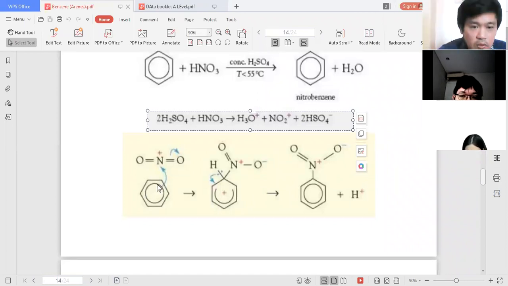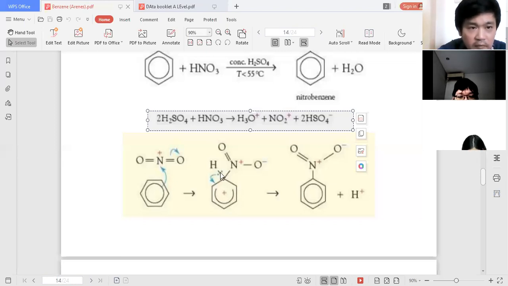It has high electron density. The high electron density can be donated to make the covalent bond with the NO2, especially with the N, not with the O. So when you are drawing this, the arrow has to point to the N, not to the O. And then it creates the partial positive.